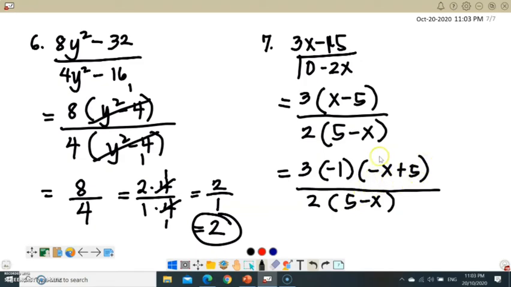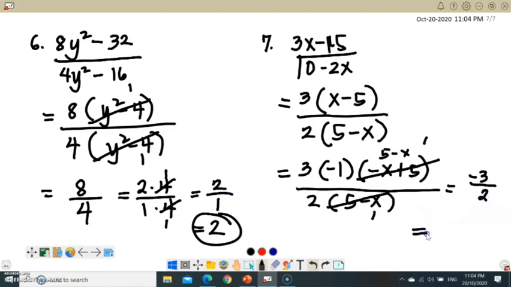If we rearrange this, we will have 5 minus x, which is the same as the denominator. So we can now cancel 5 minus x and negative x plus 5. So we have here 1 and 1. So 3 multiplied by negative 1 multiplied by 1 is equal to negative 3 over 2 multiplied by 1 is equal to 2.